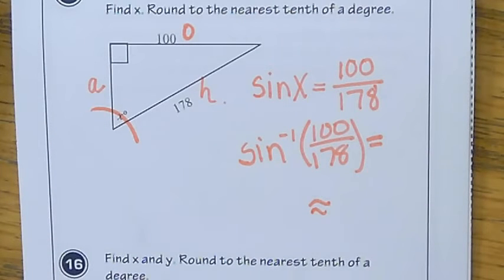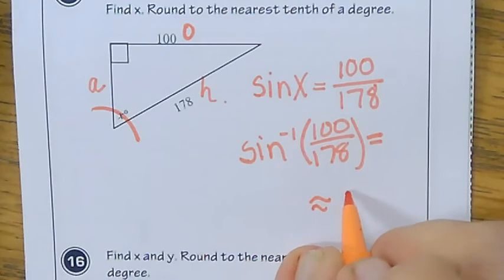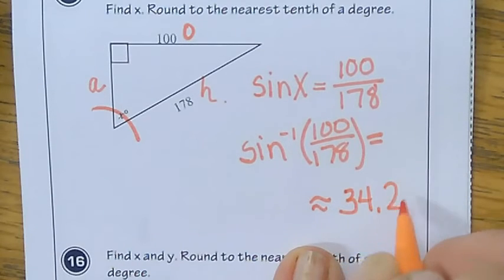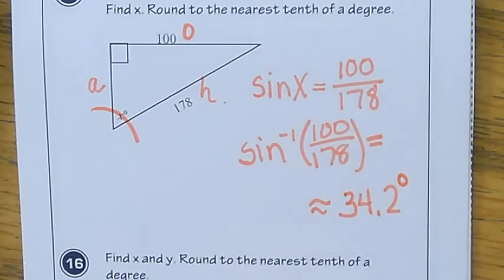You didn't put something in right. You either have to do sine negative 1 and put it in using parentheses around it, or use the fraction key. Make sure your calculator's in degree mode. So what'd you guys get? 34.2 degrees.